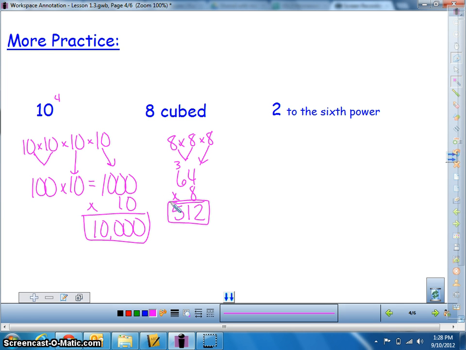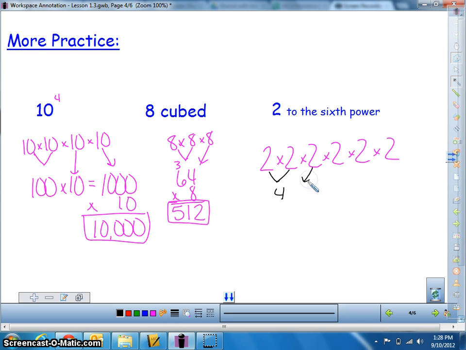And then 2 to the 6th power. Hang in there. 2 times 2 times 2 times 2 times 2 times 2. Let's make sure we have them. 1, 2, 3, 4, 5, 6. Perfect. So let's figure it out. I'm going to switch colors here. 2 times 2 we know is 4.